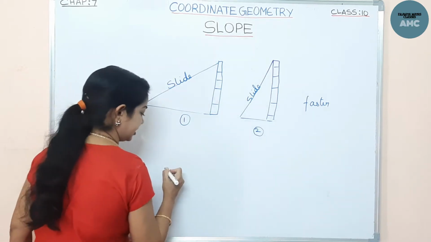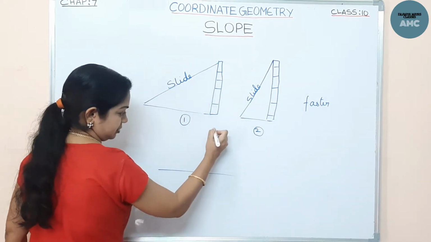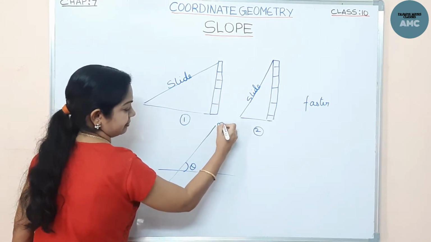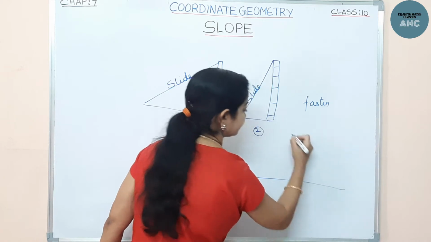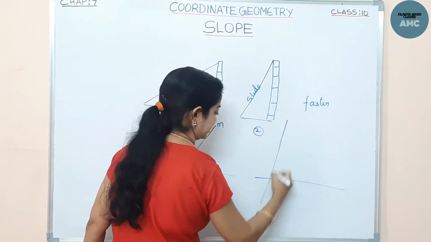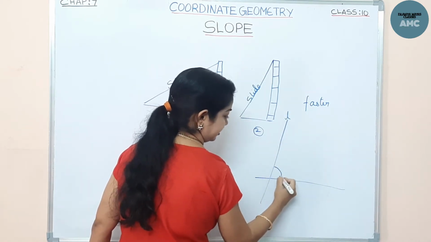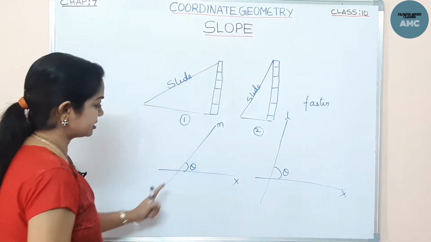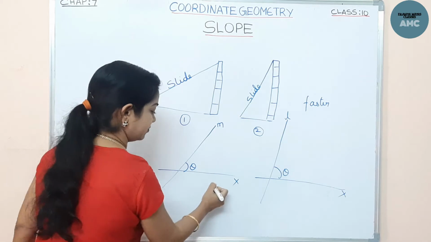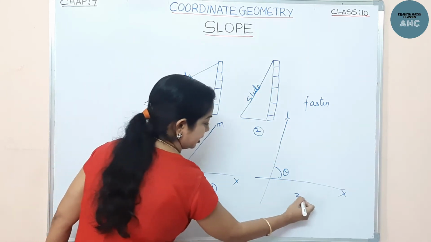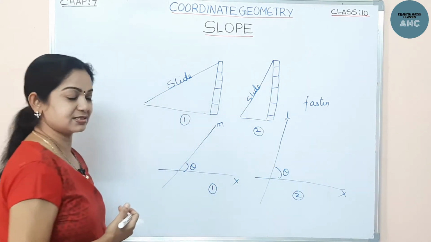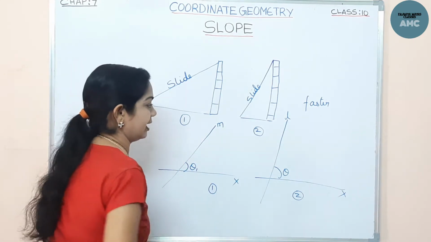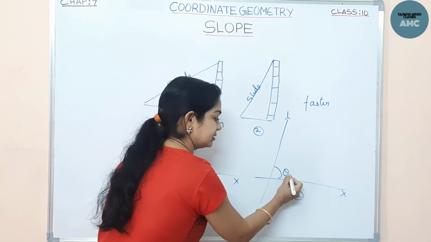Likewise, when we talk about angles, suppose I take this line as M, and here if I take this as line L, this is some theta it is making with the x-axis. Now see these 2 diagrams, diagram 1 and diagram 2. I have drawn 2 angles. Here line M is making an angle theta 1, line L is making an angle theta 2.